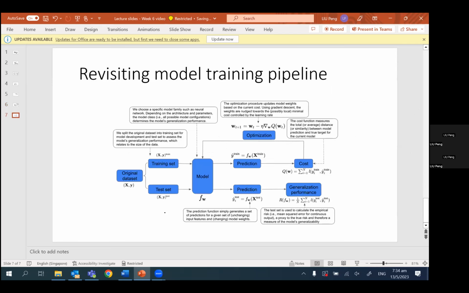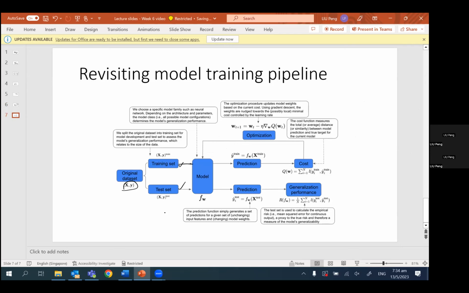Finally, I want to bring your attention back to the overall framework we talked about earlier. We start with the original data set, and then we decompose it into training and test sets. They have different purposes.